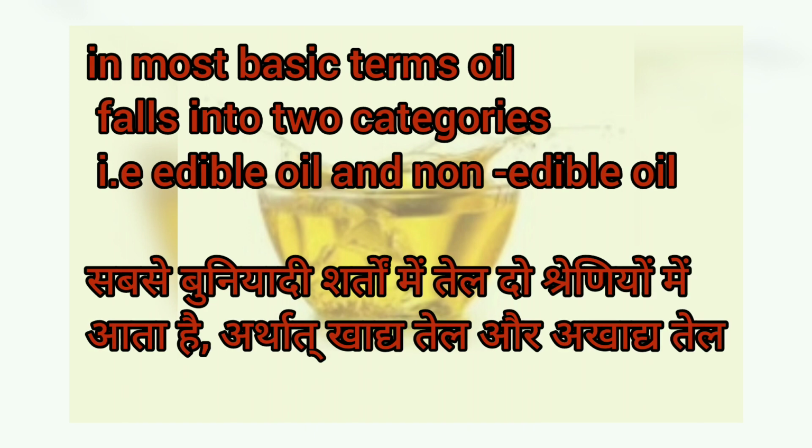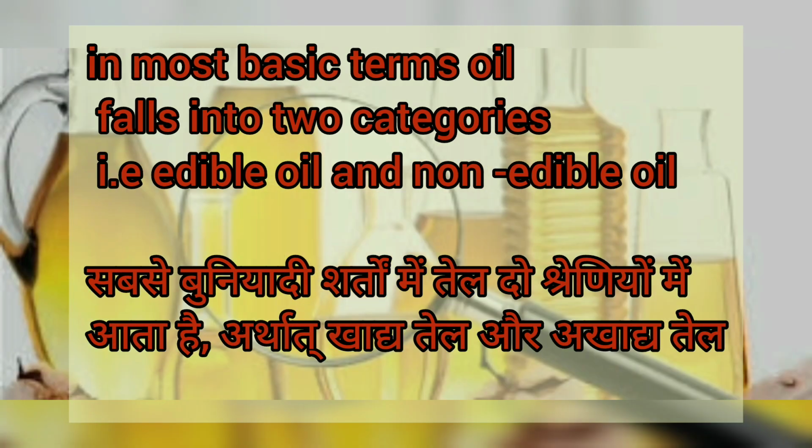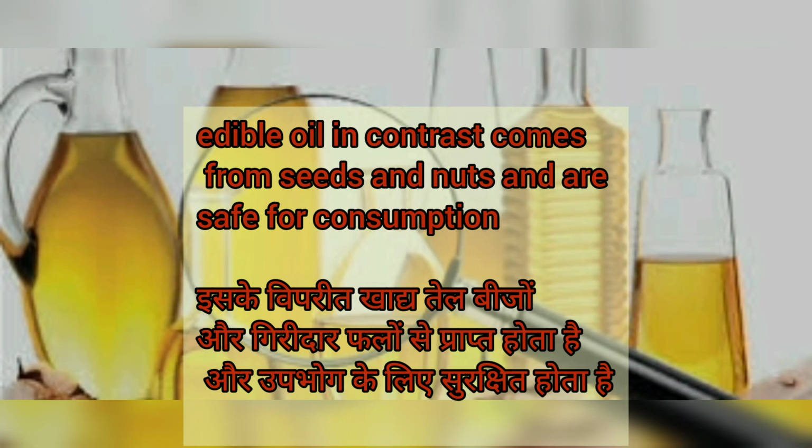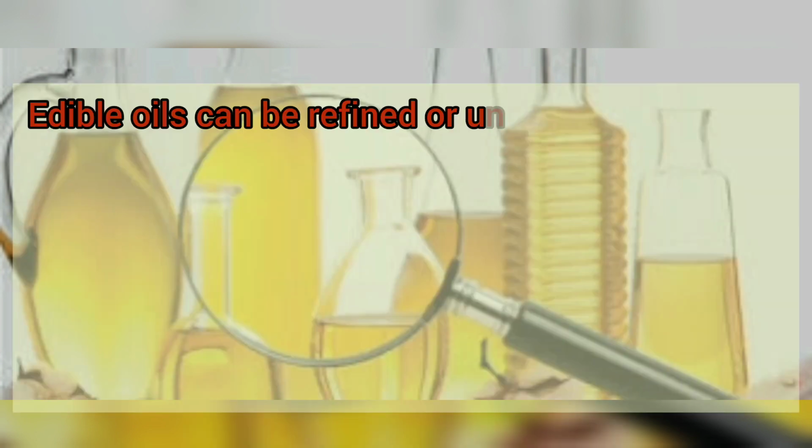In the most basic terms, oil falls into two categories: edible and non-edible. Non-edible oil includes things like crude oil, which comes from deep in the earth and goes to power machines. Edible oils, in contrast, come from nuts and seeds and are safe for consumption.